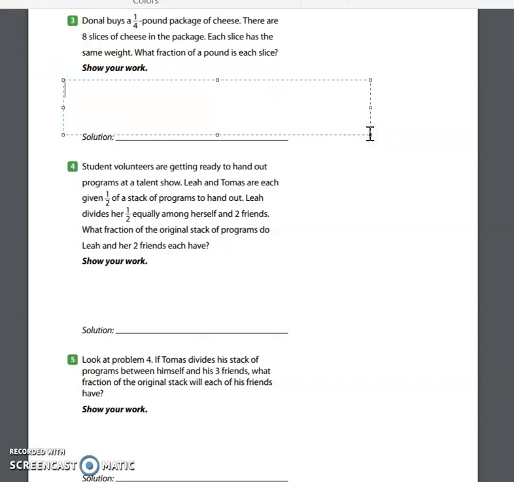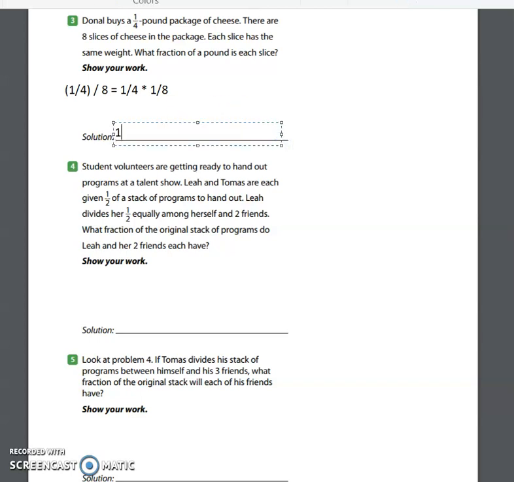To do that, I will start with 1/4 being divided by 8. And I'd say that's the same as my 1/4 being multiplied by 1/8. And I would know that this answer would be 1/32 of a pound.